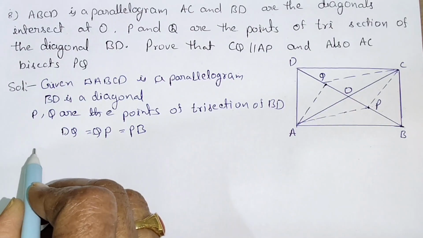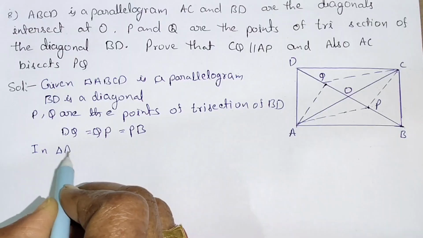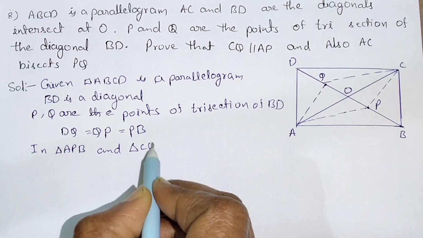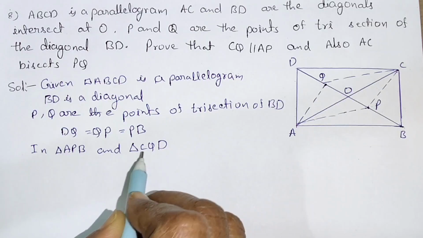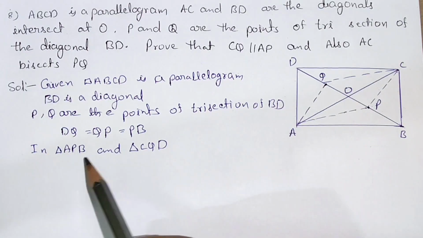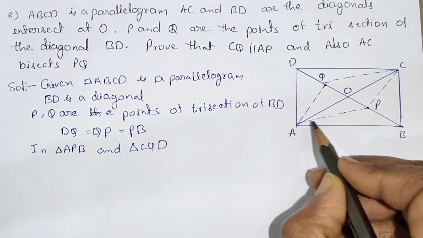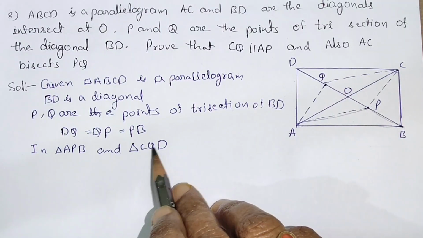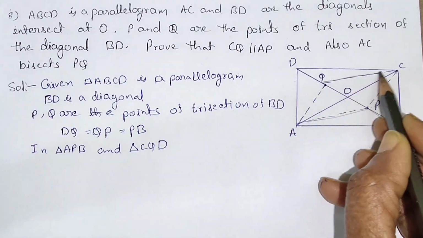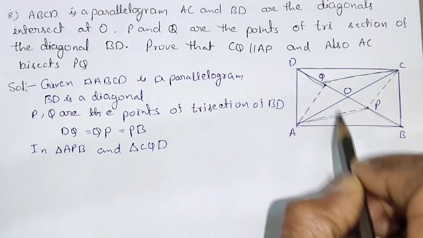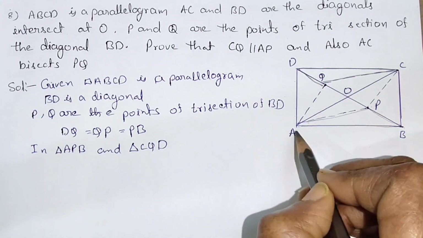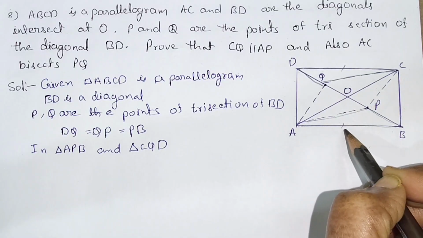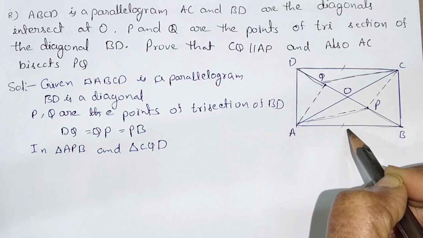Now we take triangle APB and triangle CQD and compare these two triangles. AB equal to DC, because these two are the opposite sides of a parallelogram.